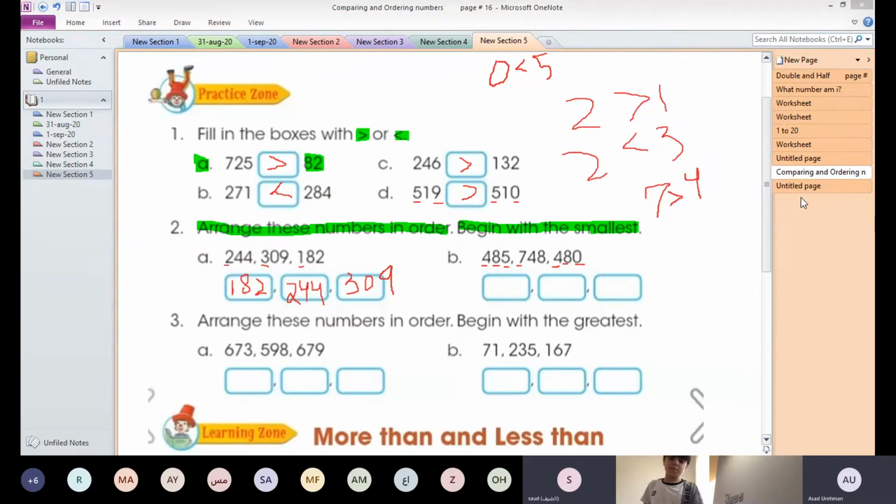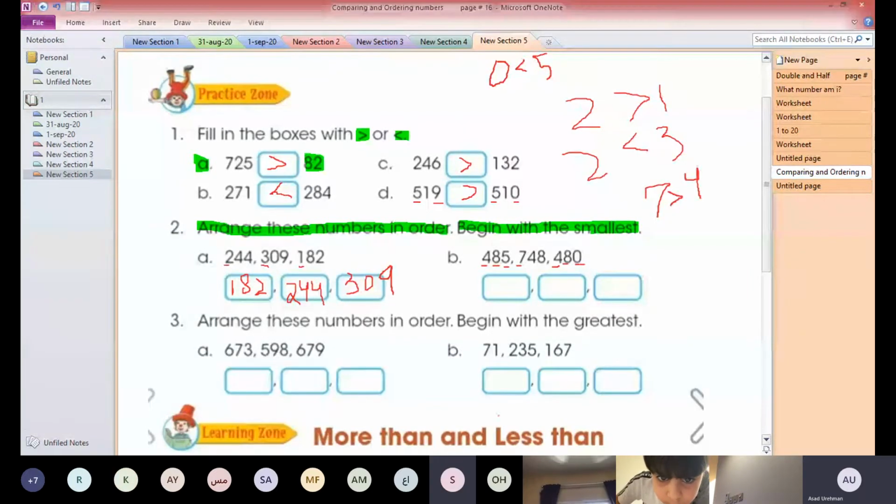Number C, yes. What is in the book? What is the number? Tell me the number from the book. 132 here. Okay. Then do it accordingly in your book.